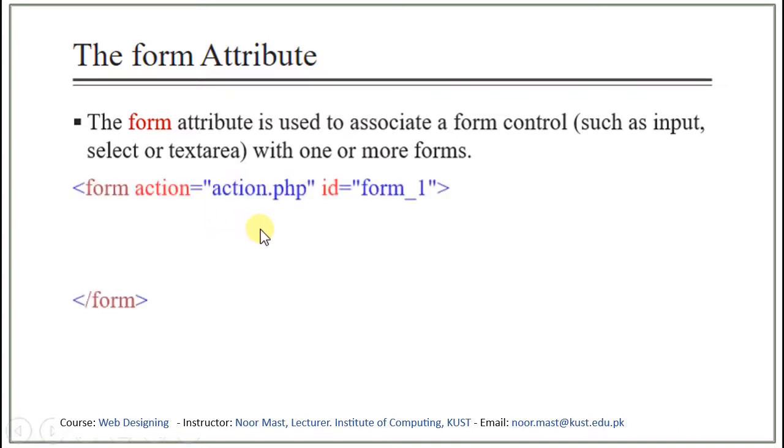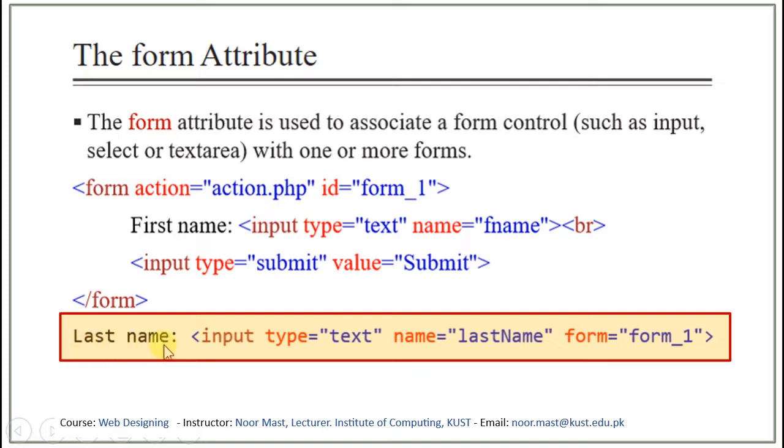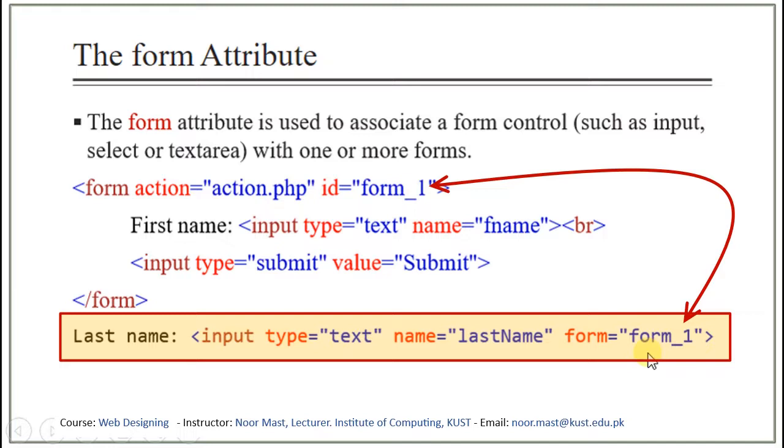Now look at these codes. So these are the opening and closing tags of the form, where the ID of the form is form1, and this is the first element of the form, while this one is the second element of the form, and this is another element defined outside of the form, and the name of this element is last name, but the value of its form attribute is form1, where form1 is the ID of the above defined form.